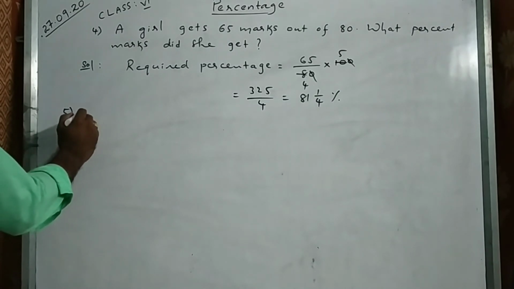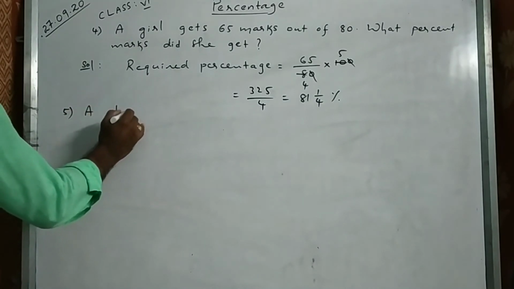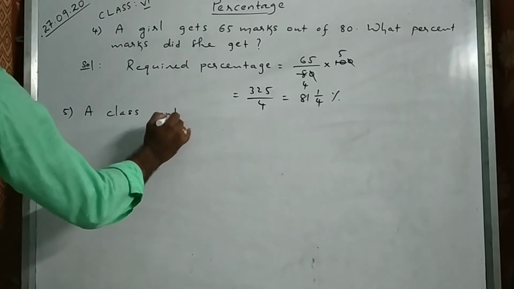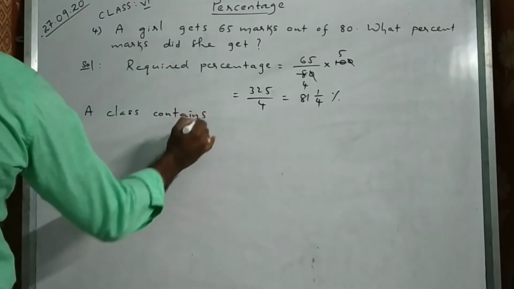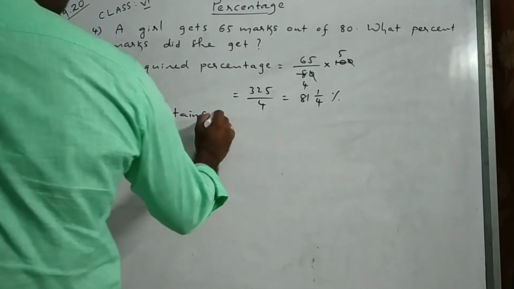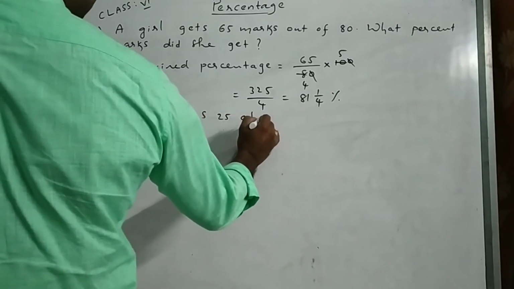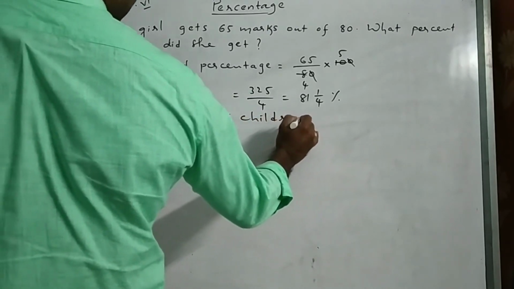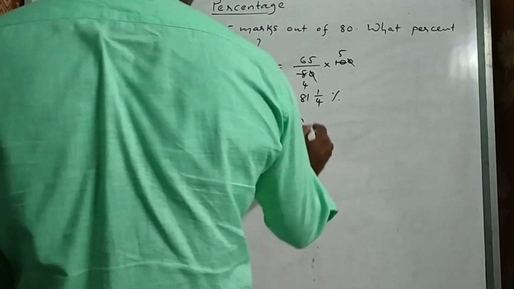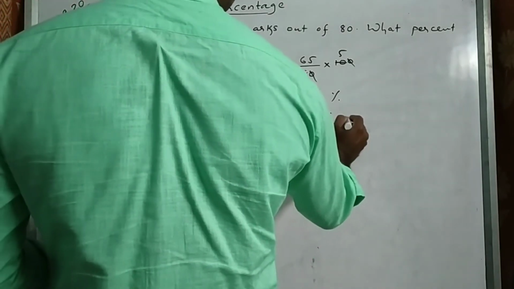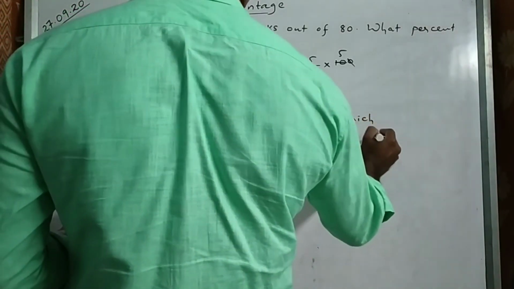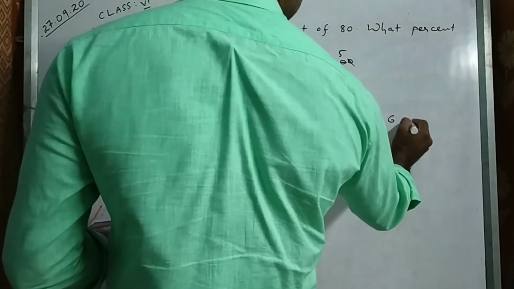A class contains 25 children, of which 6 are girls.